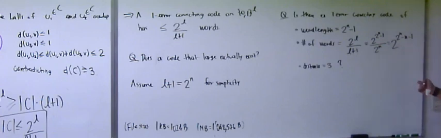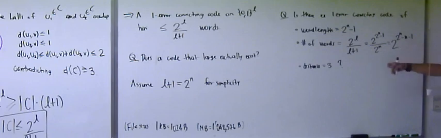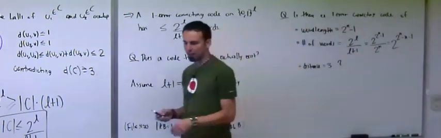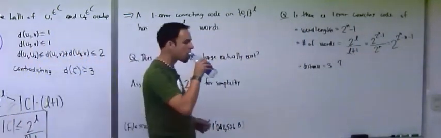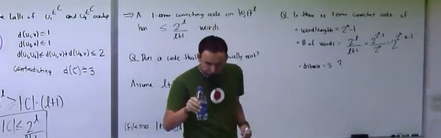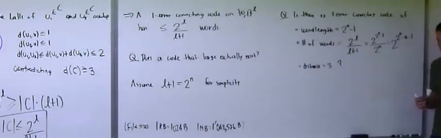Okay. So now we're going to think about this a little bit. Word length 2 to the n minus 1. Number of words is this guy. Distance is 3. Now, we said last time that there is one particular kind of code that we like very much, and that is a linear code. We said linear codes are very good.